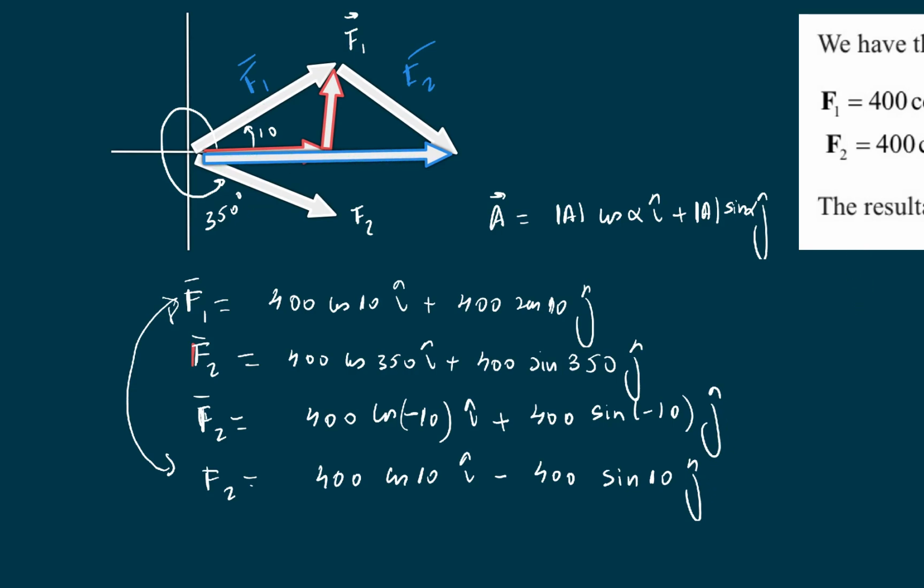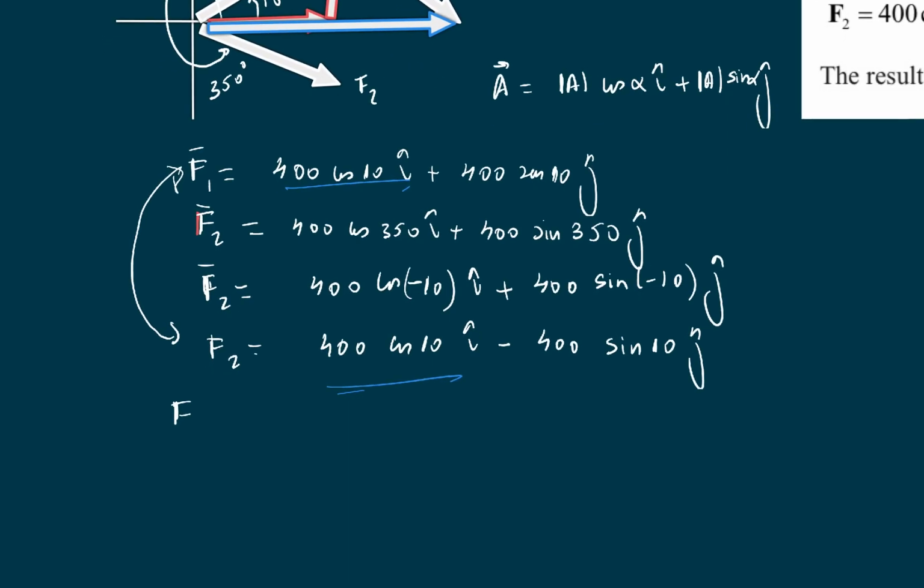So let's sum it. F1 plus F2, how do I sum? Component by component. I will sum this component with this component. I will have 2 times 400 cosine of 10 in the i direction plus, now we have to sum 400 sine of 10 with minus 400 sine of 10.